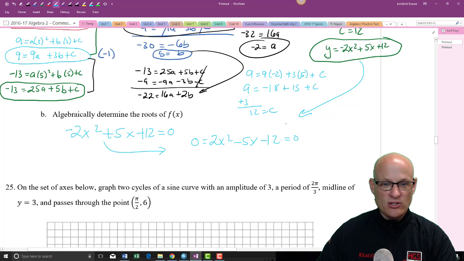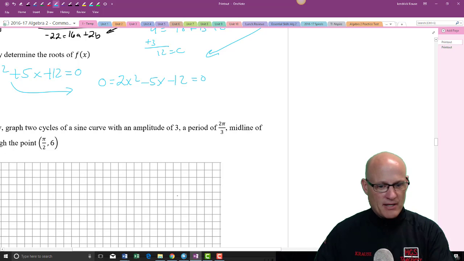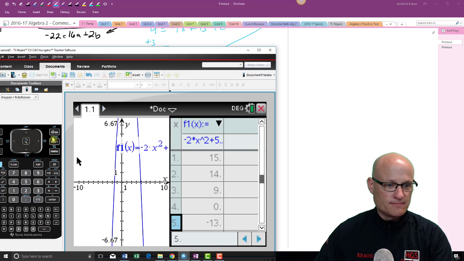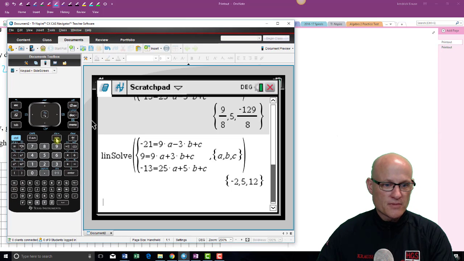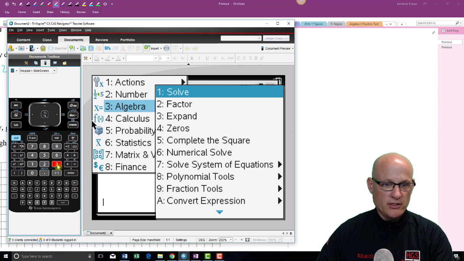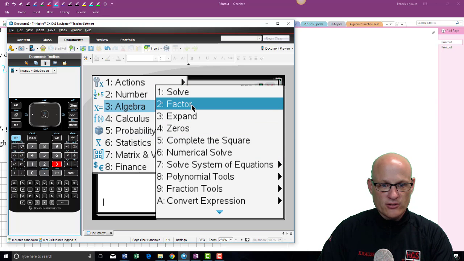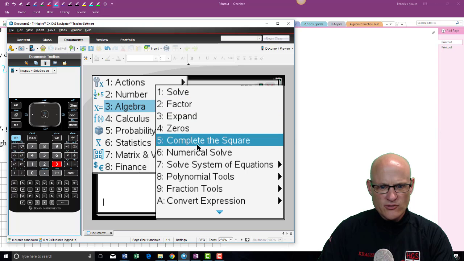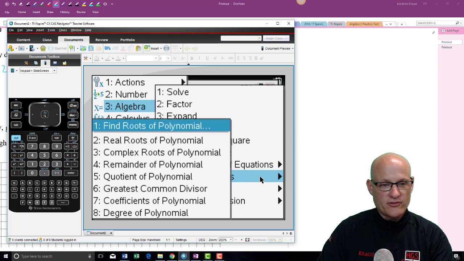I could factor this, or I can use menu 331 on my calculator. If you haven't seen that, you just go over here and you go menu 331. Algebra. It's 331 for you guys. Factor. No, it's solve. Oh, it's polytools. Polytools. It's 331 on the other one.